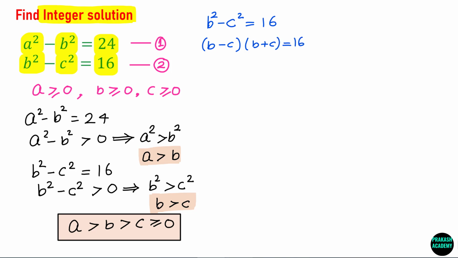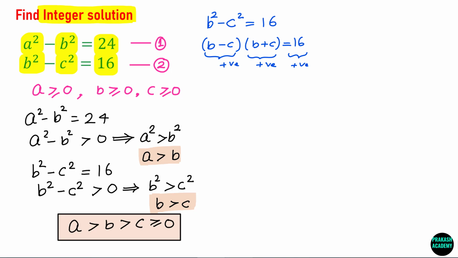Now 16 is a positive number, and b plus c is also a positive number. This means b minus c is also positive, and this is obvious because b is greater than c.